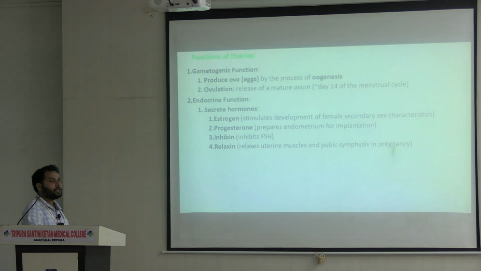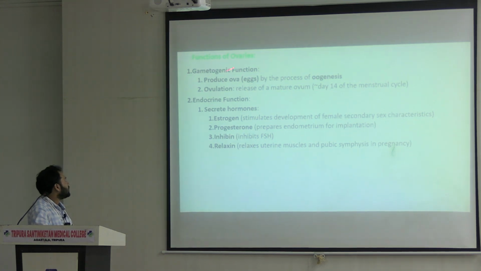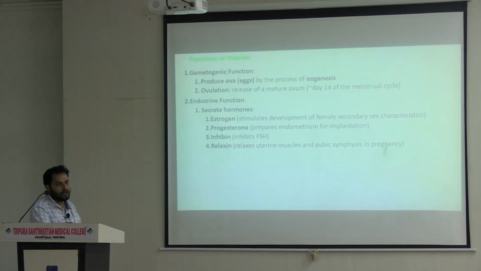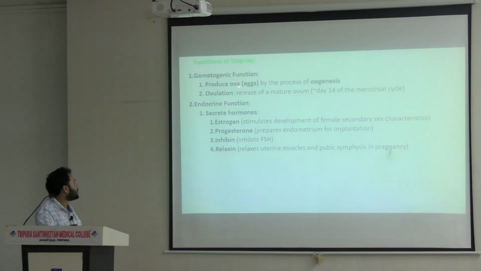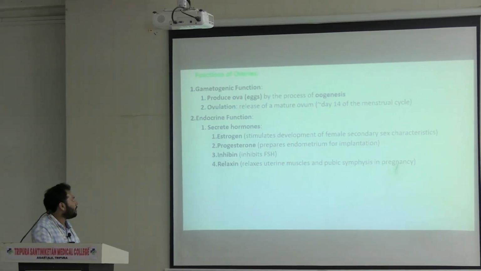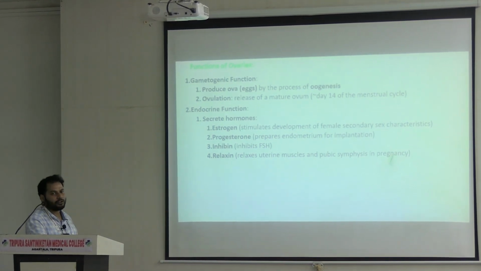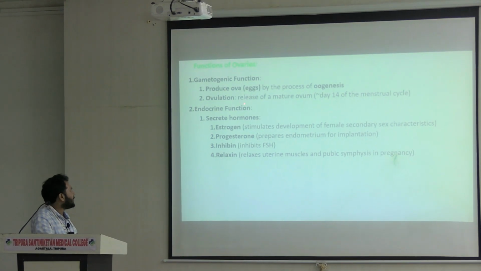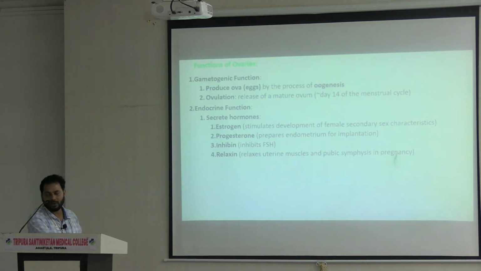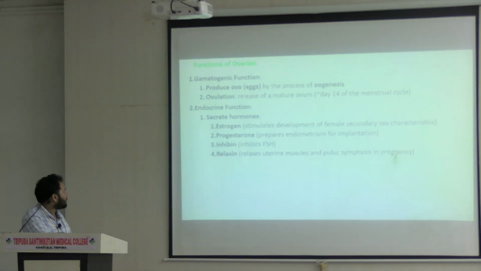Now see what the most important functional features of that part are. It involves gametogenesis, mainly the formation of egg cells or ovum, which is essential and is carried out by the process of oogenesis.